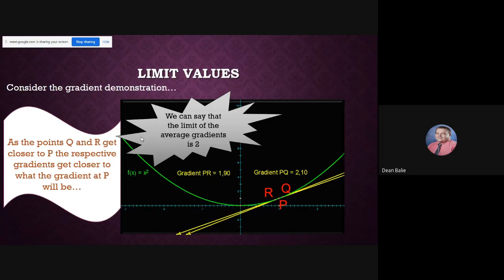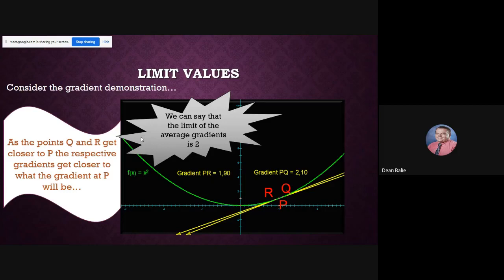So if we keep on moving Q closer and closer to P without going beyond P, and R closer and closer to P, again without going beyond P, then the limit of those average gradients, the value that those average gradients are approaching, is 2.